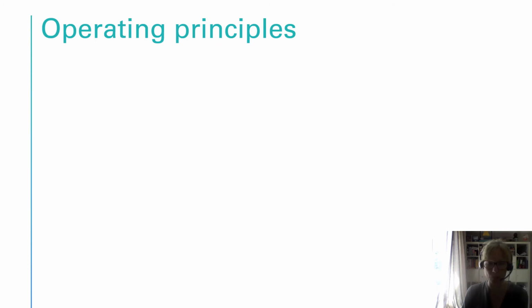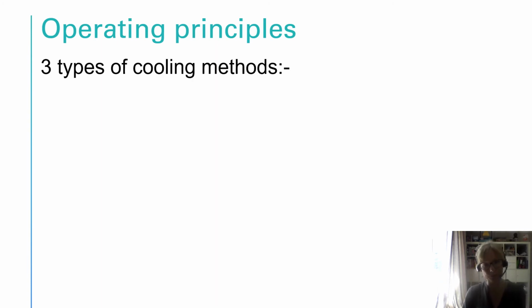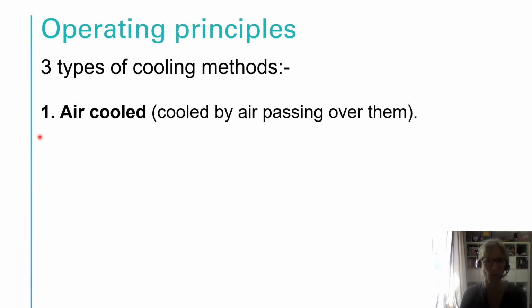Okay, so we're still talking about transformers now and the basic operating principles. Because they're working so hard, their core is being magnetized and demagnetized. There's heat that is being generated there. And we've got 3 different types of cooling methods for transformers. So we've got the basic air-cooled ones, and air is simply passed over them.